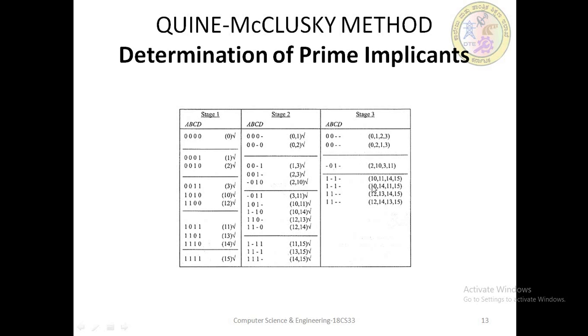Until we get a simplified version, until the condition that this is done and it cannot be extended further, this comparison will be carried out. Once it is done, we will try to have a finalized expression.